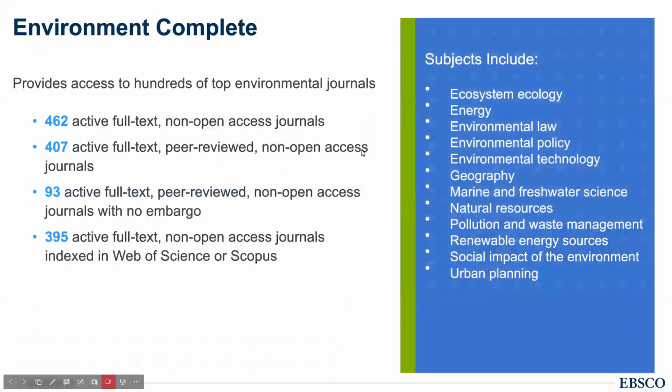Within those subjects, you'll find over 462 active full-text non-open access journals, 407 non-open access peer-reviewed journals, over 90 active full-text peer-reviewed non-open access journals with no embargo, and 395 active full-text non-open access journals indexed in the Web of Science or Scopus.